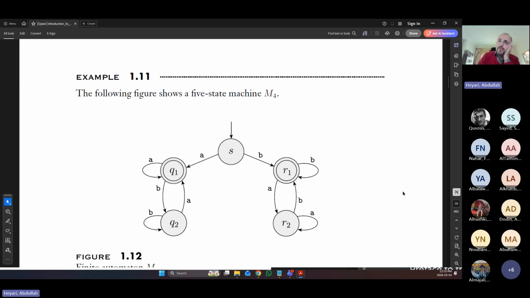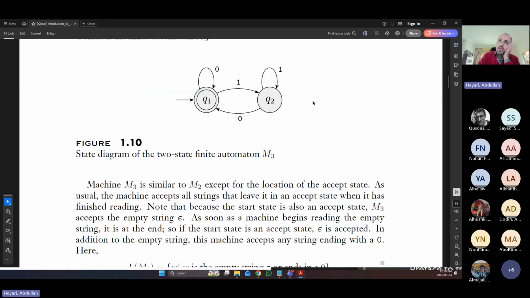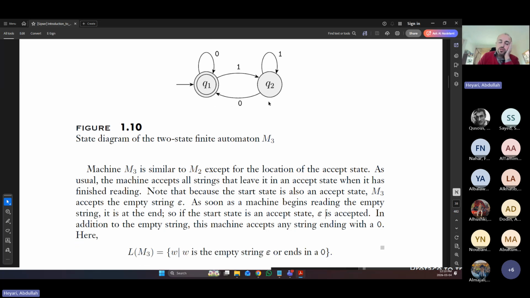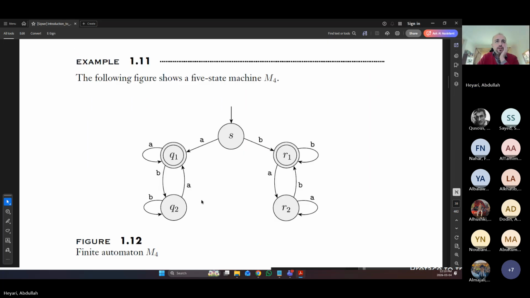Just have a look at the previous machine, M3. Copy M3 and convert it into vertical, from this position to this position, so that Q1 is on top and Q2 is just down. And here you have it, and another version there.